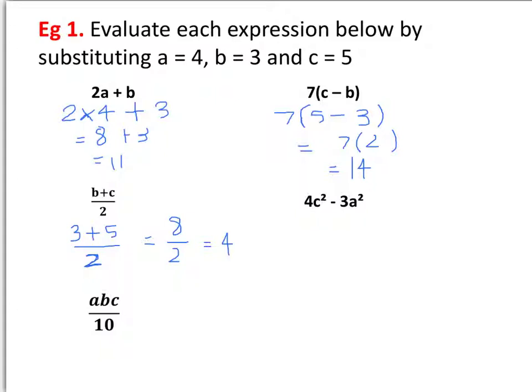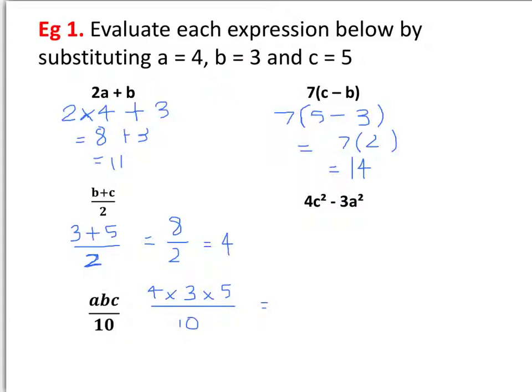Down here we have a, b, c. So remember that that means a times b times c. So when we put our values in, we'll have 4 times 3 times 5, all divided by 10.